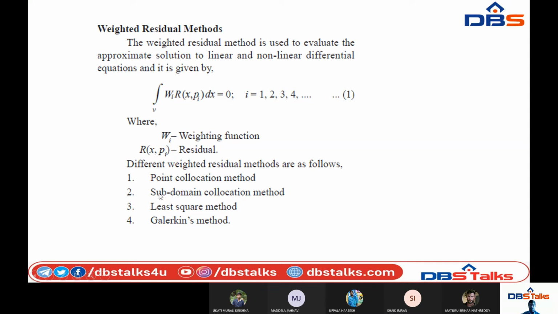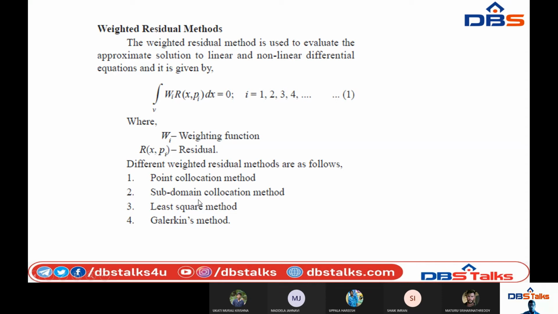Coming to the second one, the subdomain collocation method. In this, the domain is divided into a number of subdomains. Here also I take the residual as 0, with the weighting function wi equal to 1. Next, the least square method. In this, the integral of the square of the weighted residual over the domain is 0.